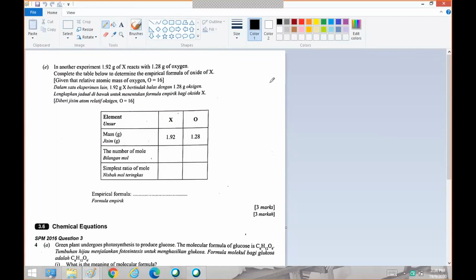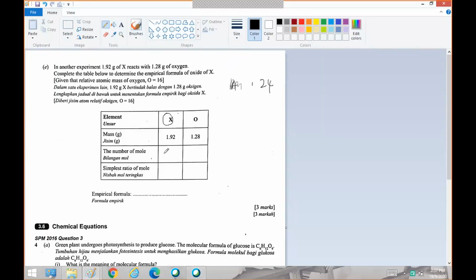The chlorine one, I want you guys to answer yourself. This one, we have X 1.92 and the RAM of X is 24, because it's equal to 2 carbon 12 atoms. So it's 24 times heavier than 1/12 of a carbon 12 atom. So the RAM is 24.